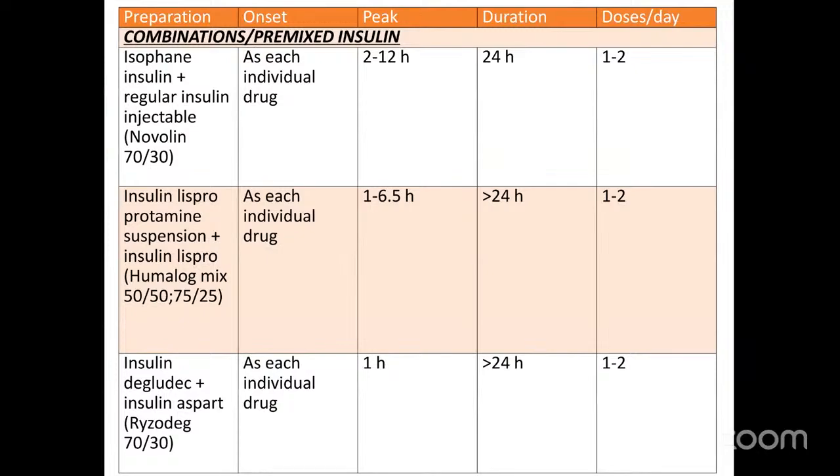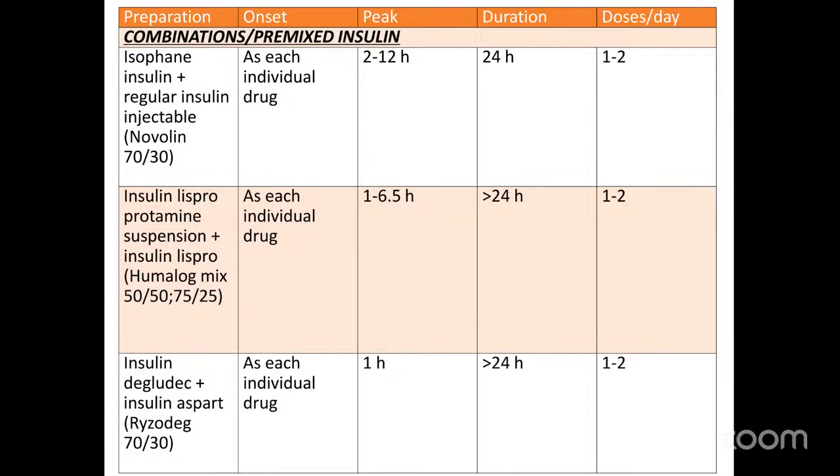Also, we have combination preparations of insulin, which are called premix insulin. We have a mix of isophane insulin plus regular insulin in different concentrations, 70/30. We also have insulin lispro-protamine suspension plus insulin lispro, also in different concentrations, 50/50 or 75/25.